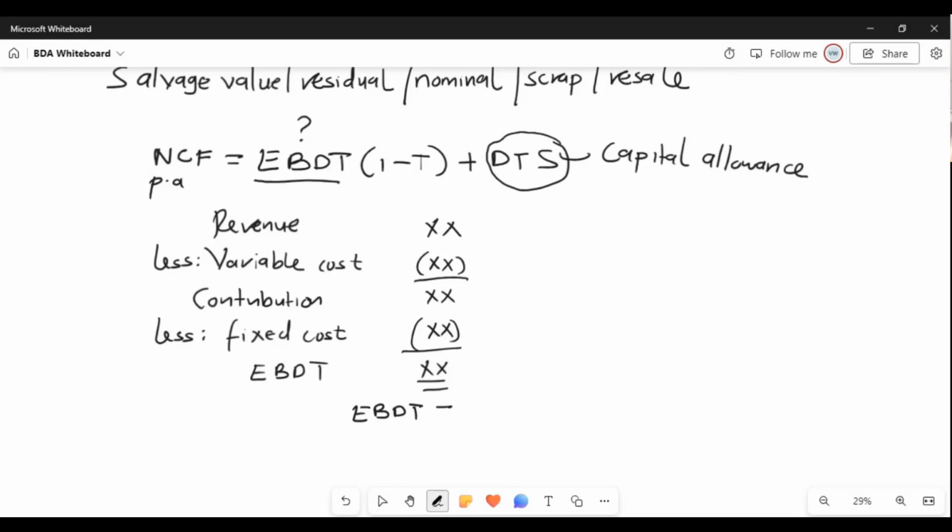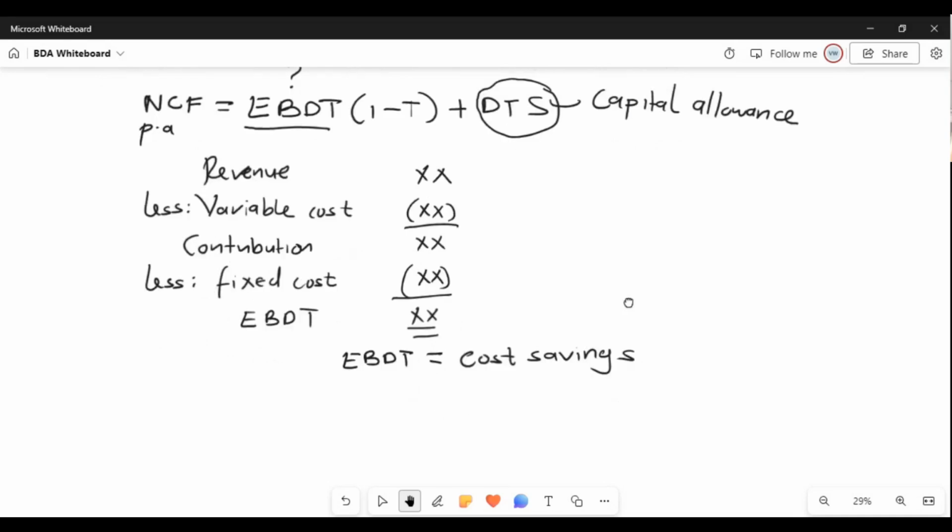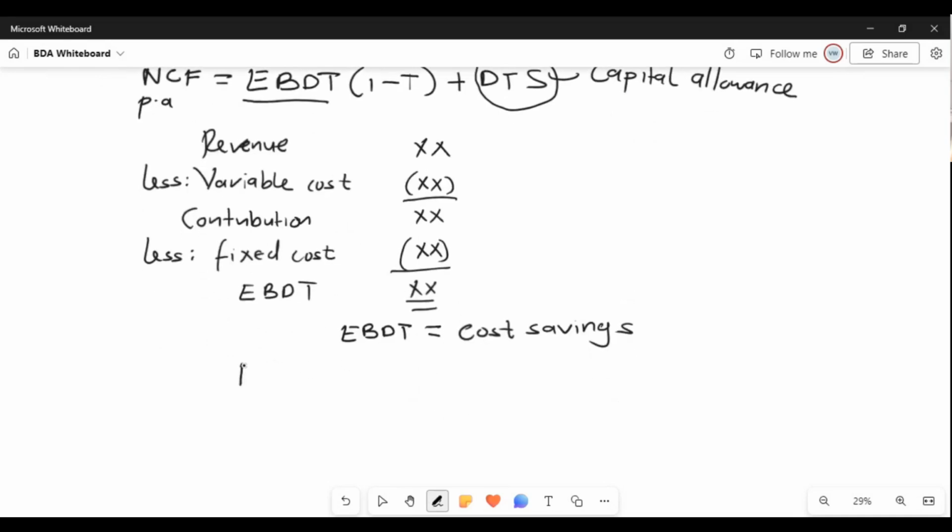In some instances, you may be given the earnings, but they will be presented in form of cost savings. So every time you're having savings on cost, then it's the same as you having earnings. So earnings are equivalent to cost savings. Then T is corporation tax rate.